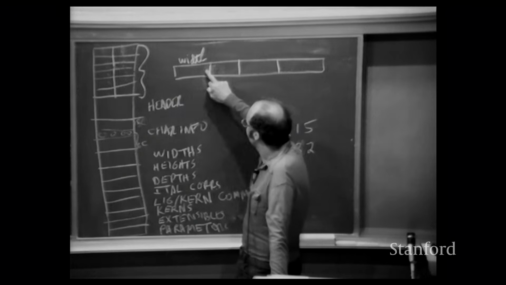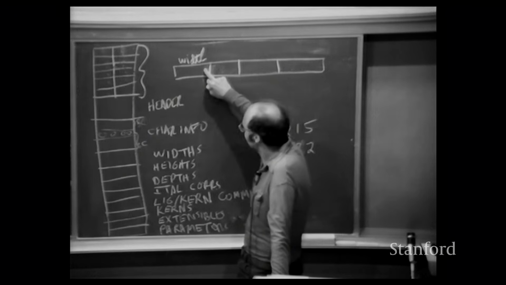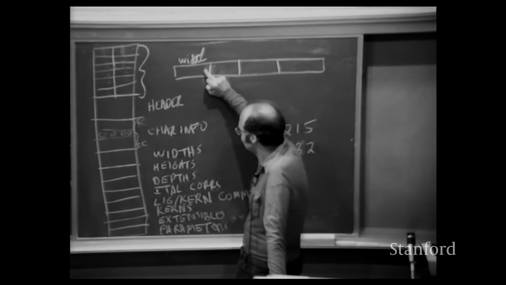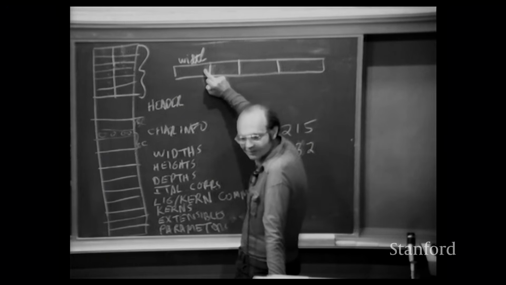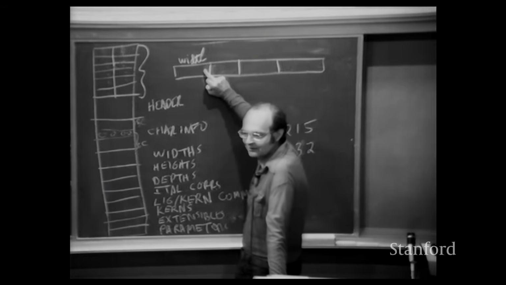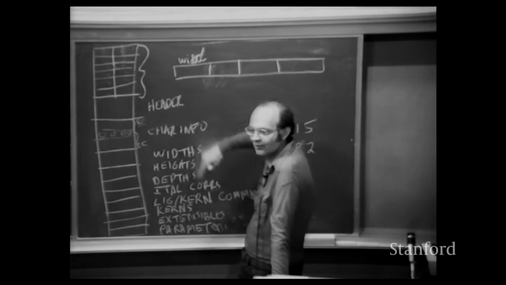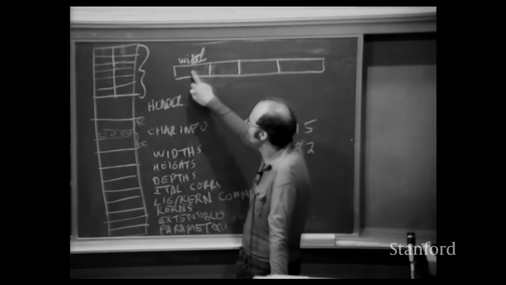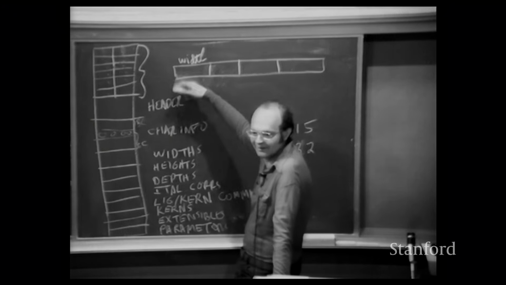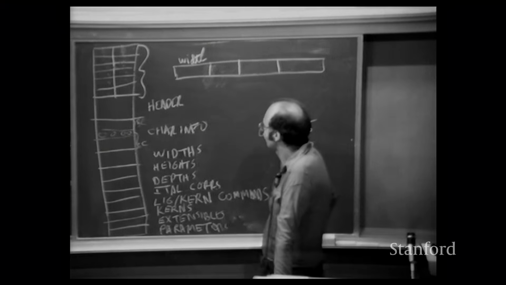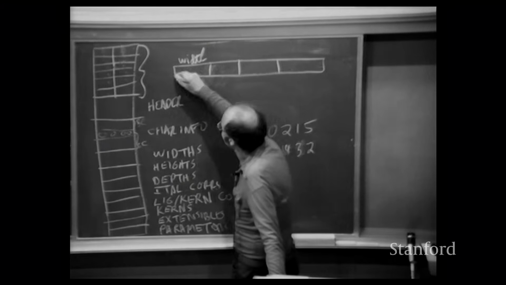So it's an 8-bit pointer. We could handle almost all cases. However, if somebody has 256 non-zero widths and 256 characters in the font, then we couldn't handle them all, because 0 is reserved for a flag to indicate not present.